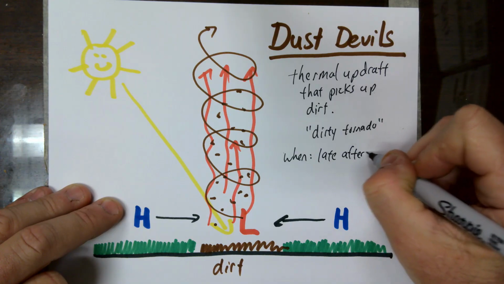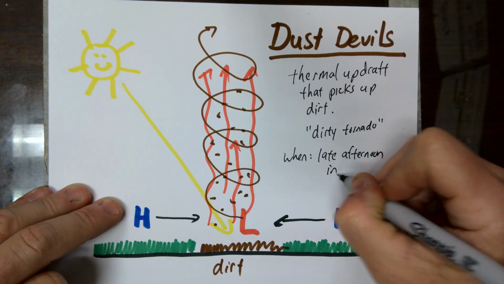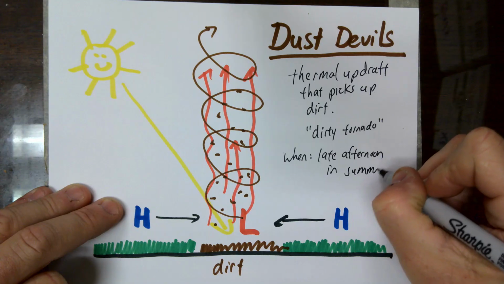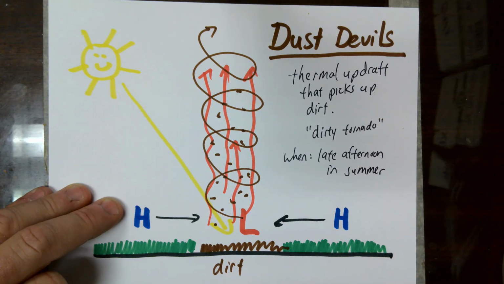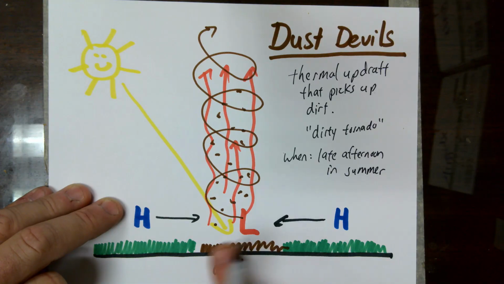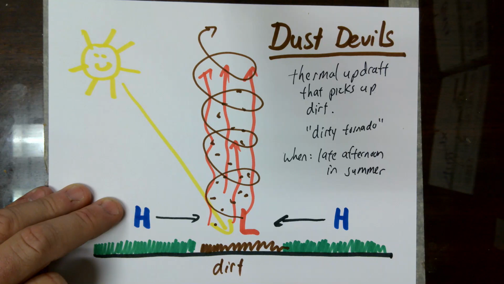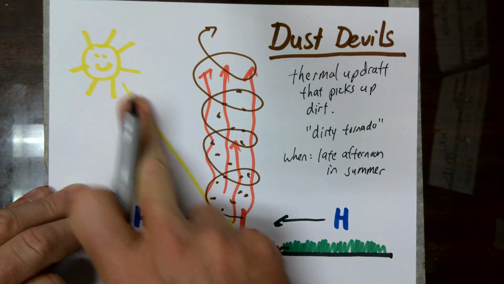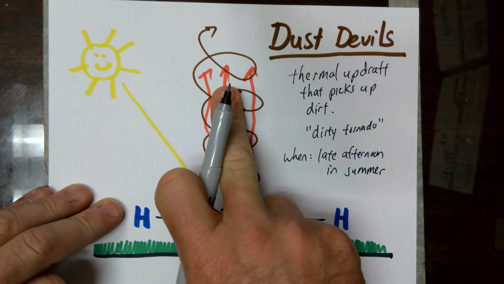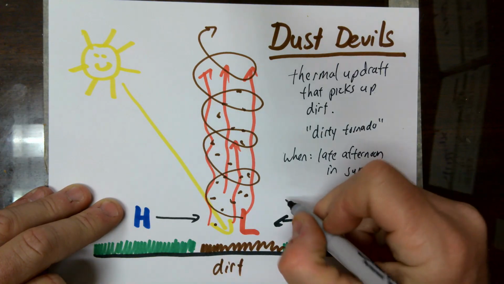Typically, late afternoon in the summertime, because that's when the ground has gotten hot enough. You don't see dust devils in the morning because the ground hasn't gotten hot enough to make that thermal updraft yet. You typically don't see them at night because once the sun goes down, we cut off the energy for that air to rise.